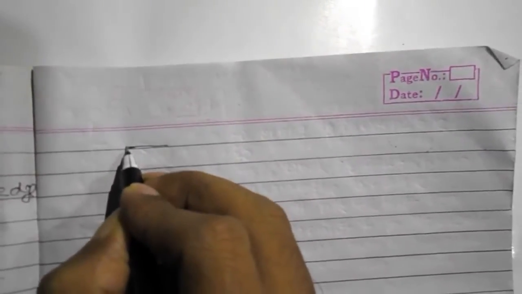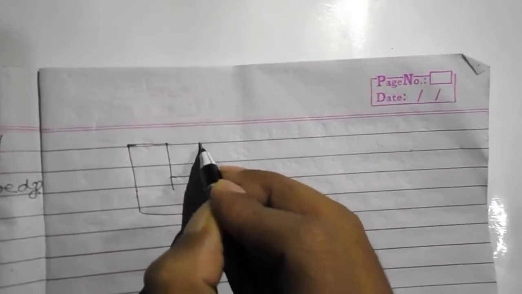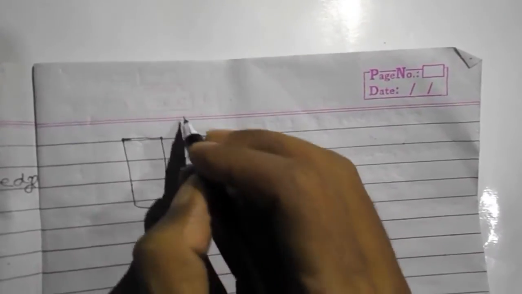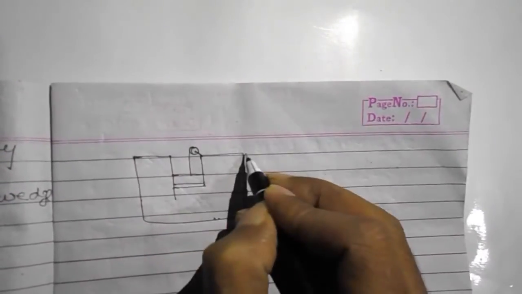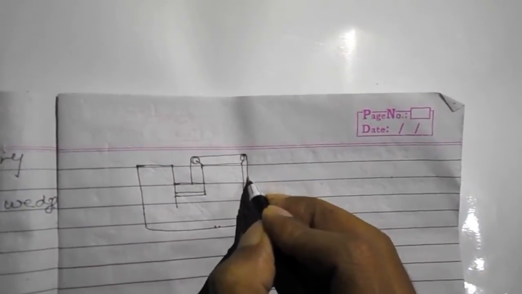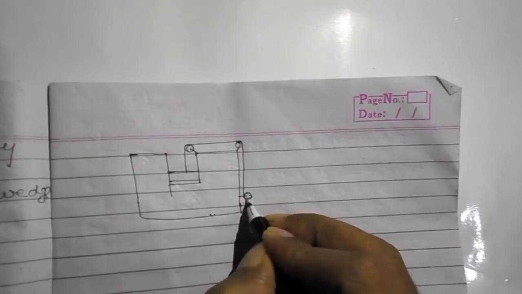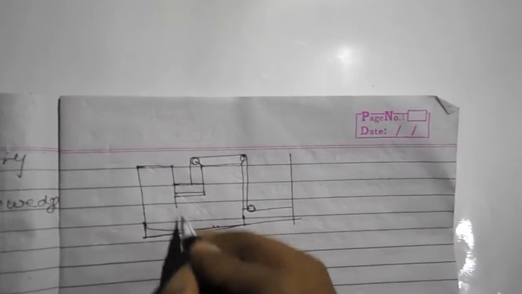Okay, so let's see another question which is quite similar to this. This is a block of mass m, a small m.